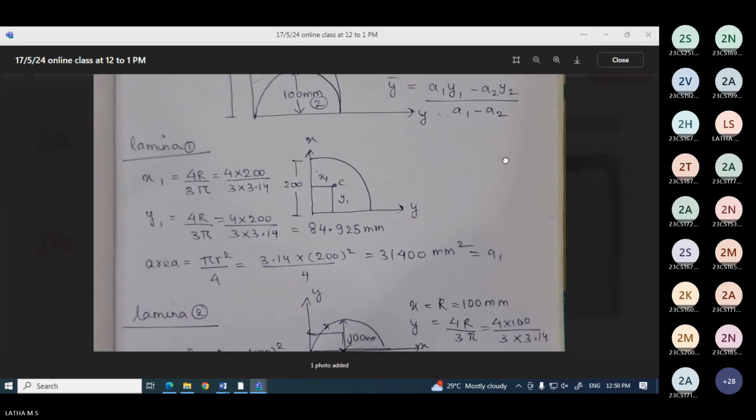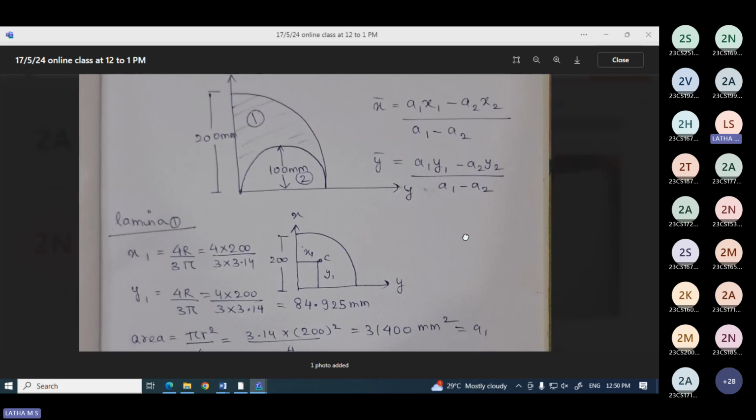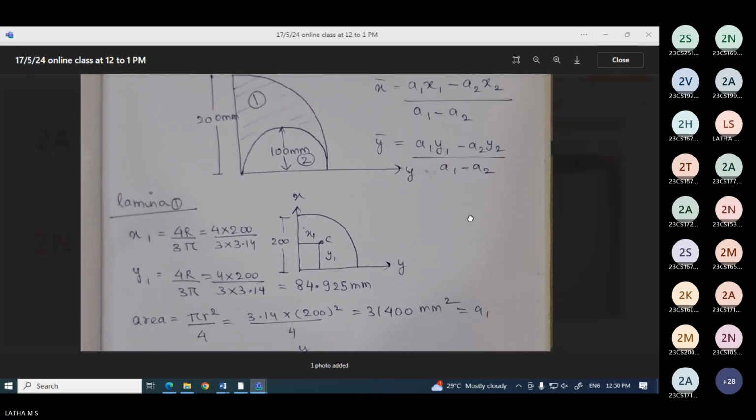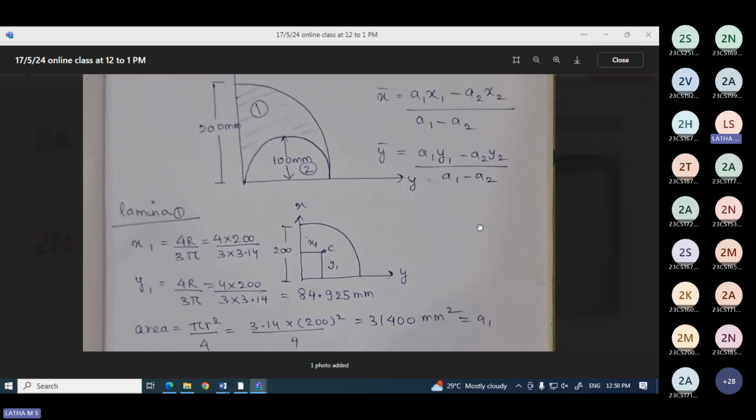Good. A1 x1 minus A2 x2 correct, by A1 by A2 correct. The equation is correct. X1 is equal to 4r by 3 pi. Good.